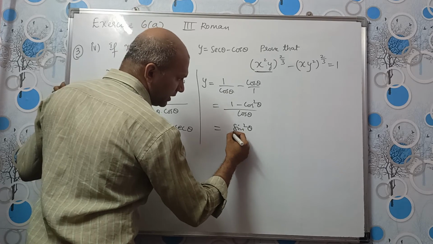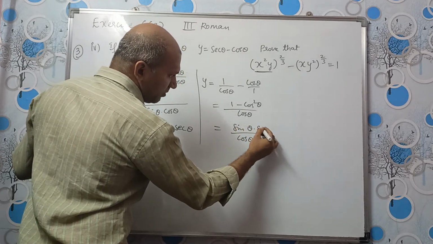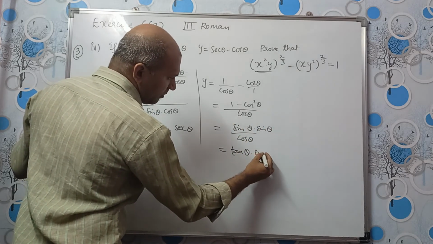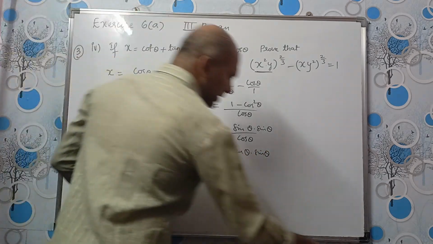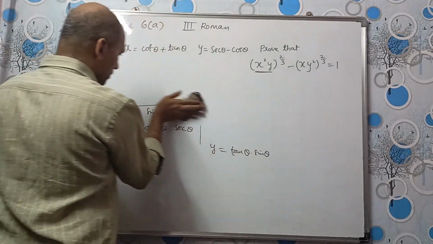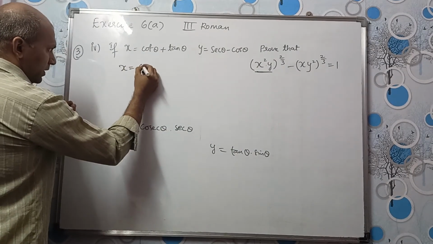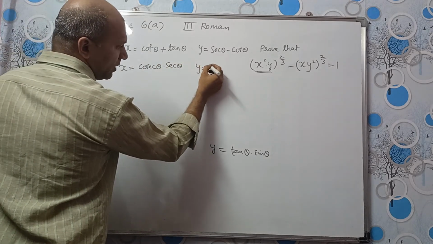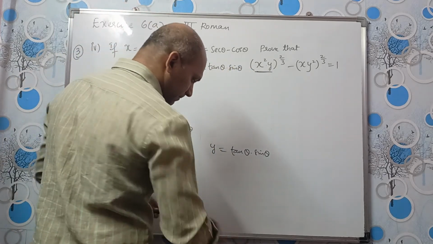So sin square theta divided by cos theta, or we can write this as sin multiplied by sin by cos, which will become tan theta multiplied by sin theta. This is the value of y. Okay, we got the x value and y value now. Let us write only the x value and y value. x is cosecant multiplied by secant, and y is tan multiplied by sine.